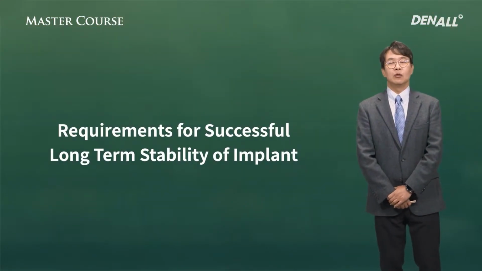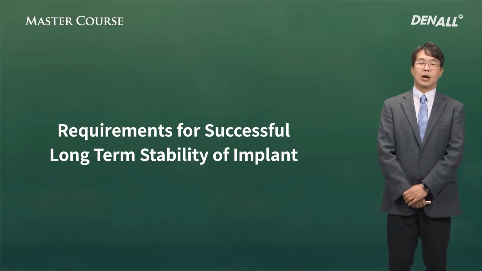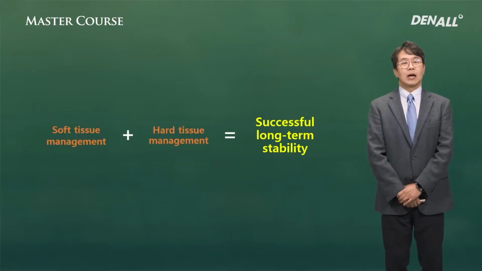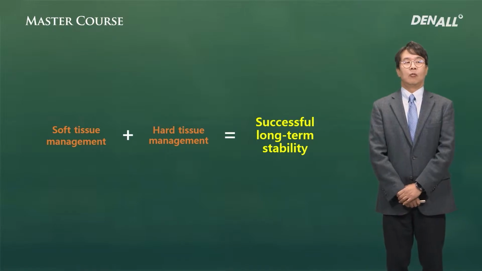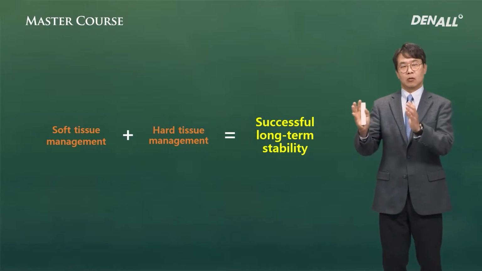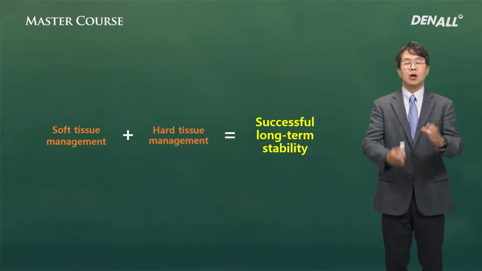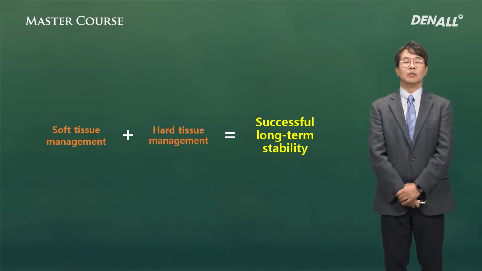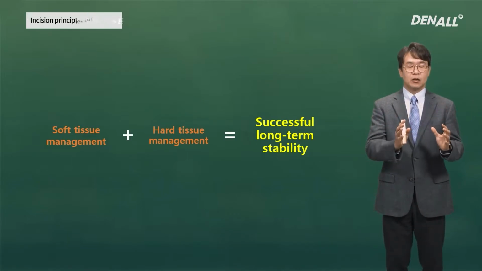First, for successful long-term stability of implants, what are the requirements? Just soft tissue stability or hard tissue stability would not be good enough. Both of them should be stable.